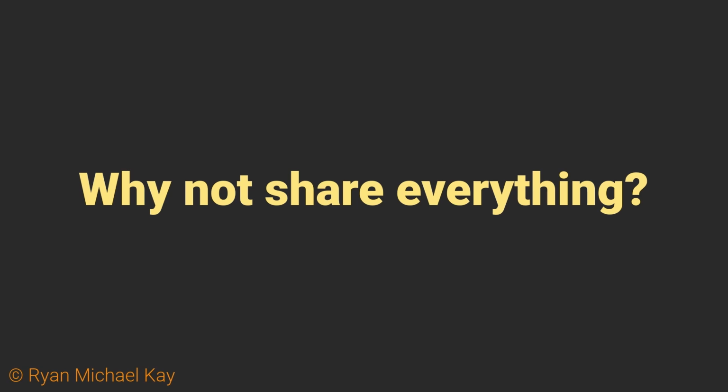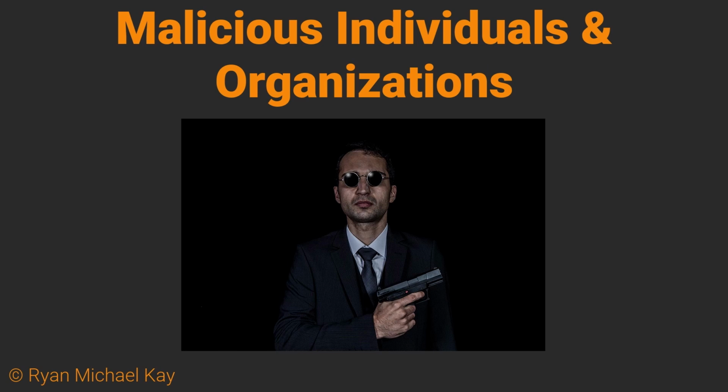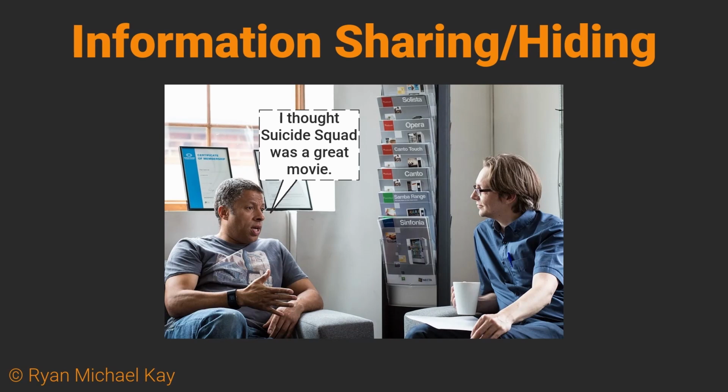Firstly, some information about us, if we share it publicly, could be used by malicious individuals or organizations to harm us financially or otherwise. Secondly, it might also be the case that some information simply does not serve any purpose to share publicly. In fact, it might be a little bit detrimental. This is not just true about information we can think of as variables, but also behaviors which we can think of as methods like our constructor.